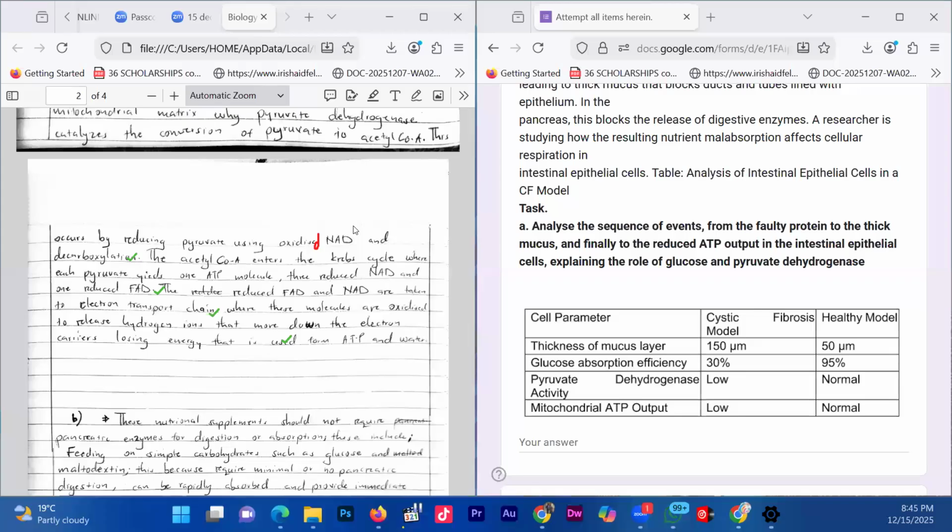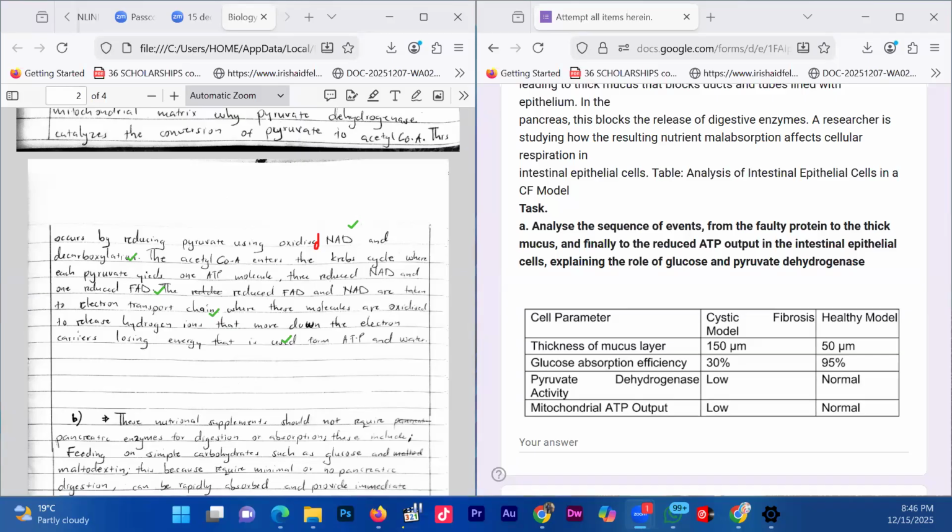Now, remember glucose molecules always move in the same direction with the sodium ions. There are specific protein channels called symporters. There are certain protein channels that are capable of transporting materials in the same direction or different direction.